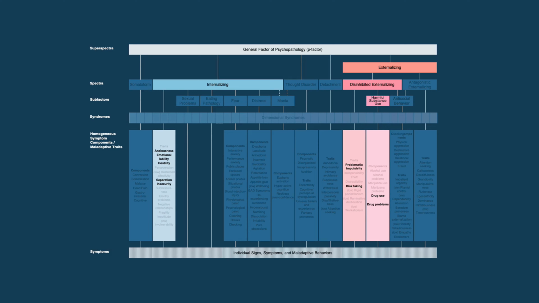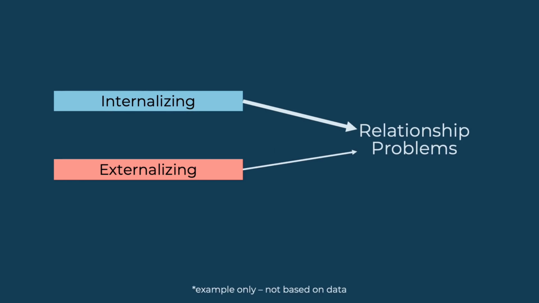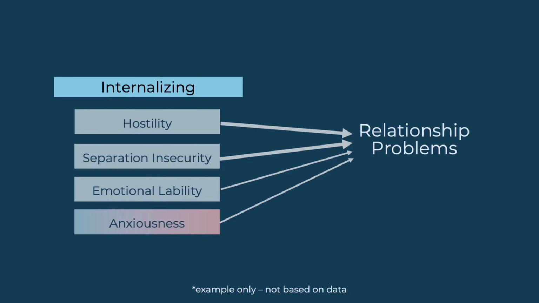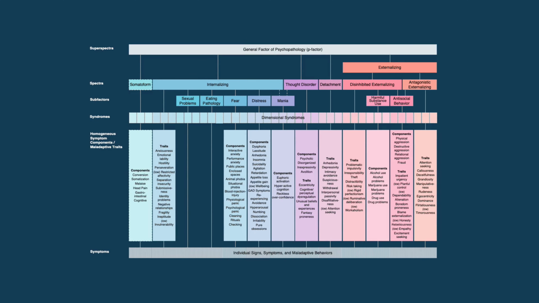We can start at the level of the broad transdiagnostic dimensions to test whether internalizing versus externalizing can summarize the patterns in the components, or drill down to understand whether specific symptom domains are particularly important predictors. In this way, the HiTOP framework allows us to pinpoint the specific domains of psychopathology, whether that be broad or specific elements, that predict relationship difficulties.